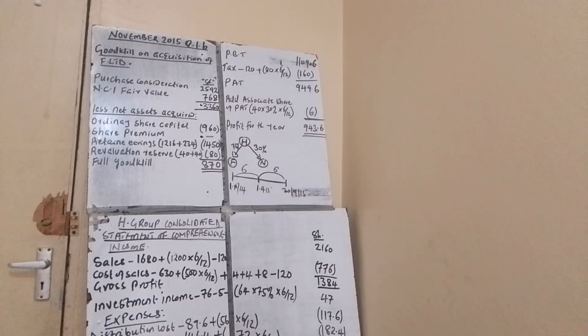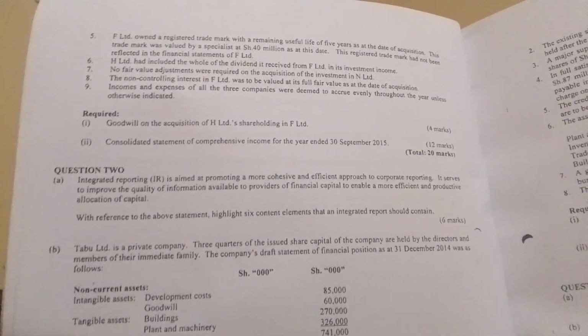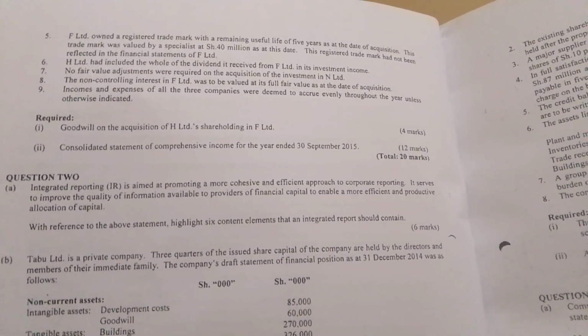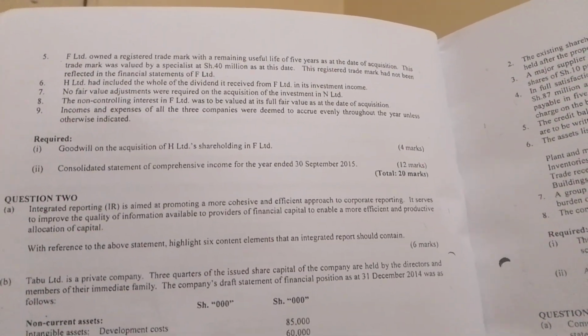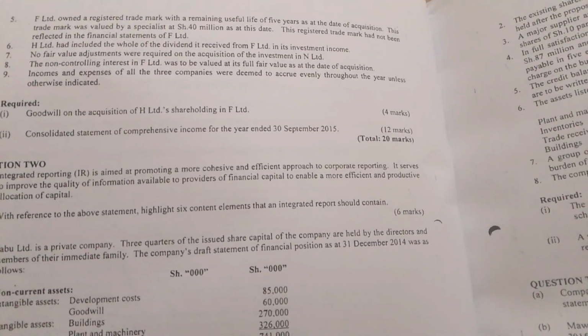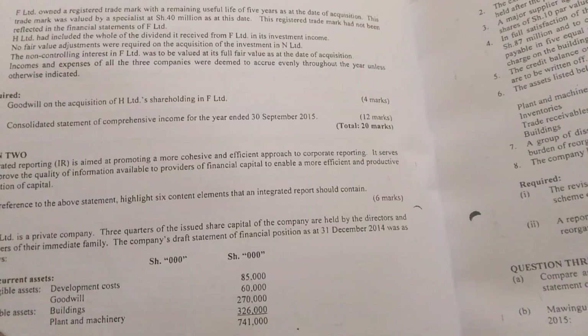Now the last part is to do with consolidated. The last part, number B, so number one was goodwill on the acquisition of H Limited's shareholding in F Limited. Then consolidated statement of comprehensive income for the year ended 30th September 2015.